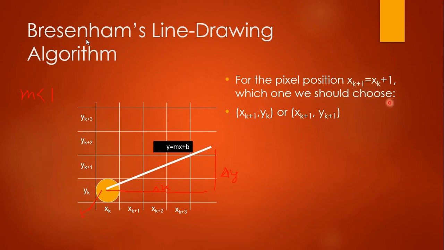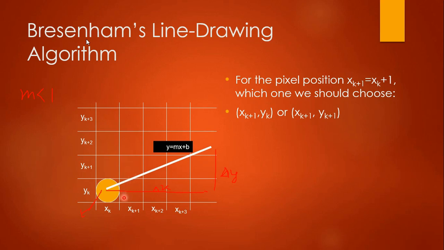Which one should we choose? You already know the initial pixel position, but now you want to plot another pixel to represent the line. So the position of this pixel is xk plus 1 comma yk, or xk plus 1 comma yk plus 1. Whether to represent this or this, this decision has to be taken now.